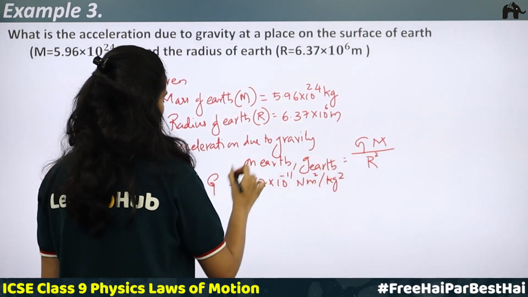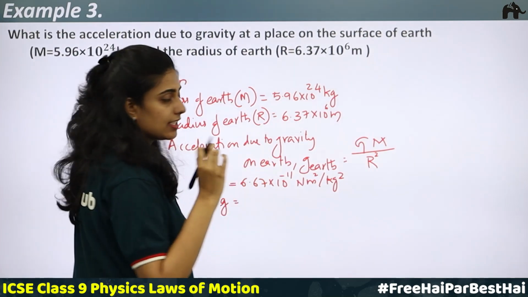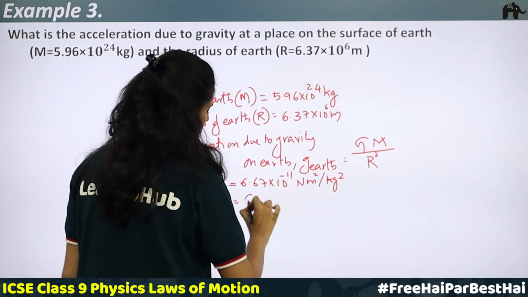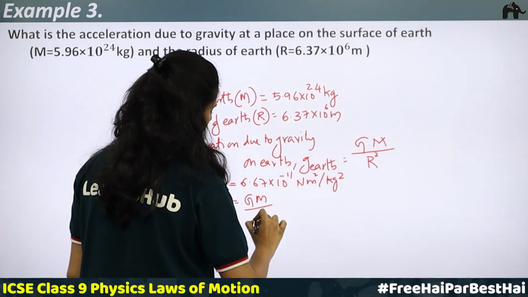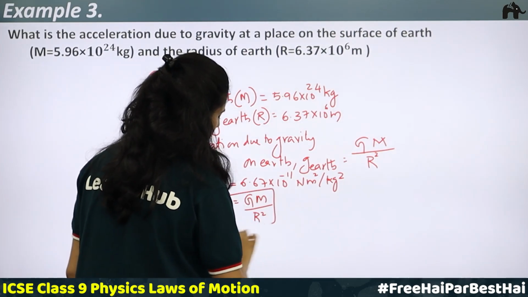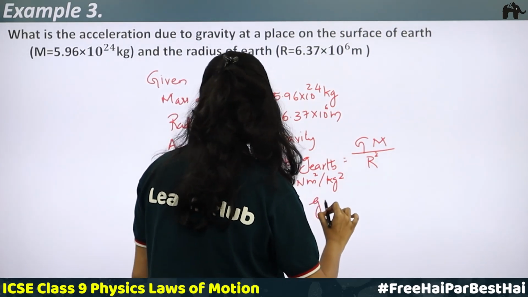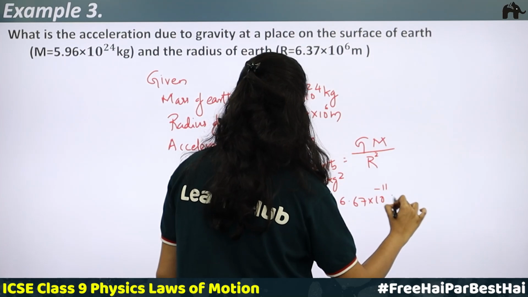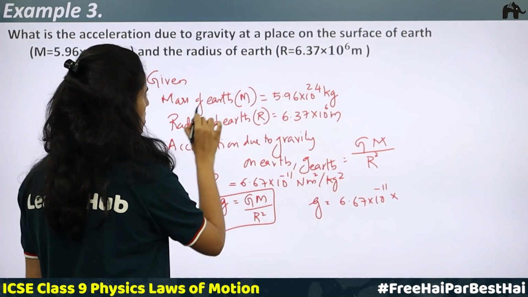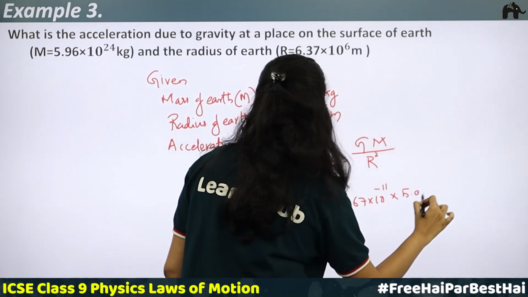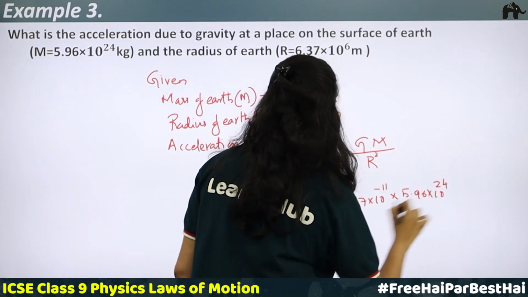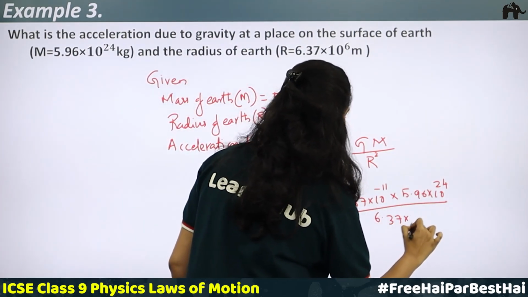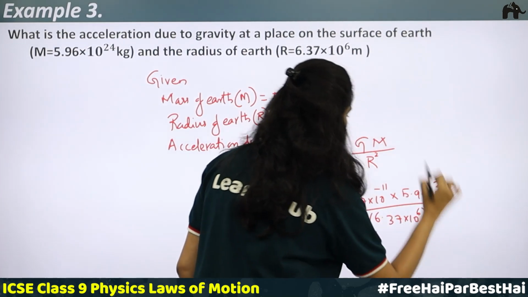Now, small g, we have the relation between acceleration due to gravity and gravitational constant. Small g is equal to capital G m divided by r square, from which we can put the values. G is equal to 6.67 into 10 raised to minus 11 into the mass of Earth, 5.96 into 10 raised to 24, divided by r square, that is 6.37 into 10 raised to 6 whole square.